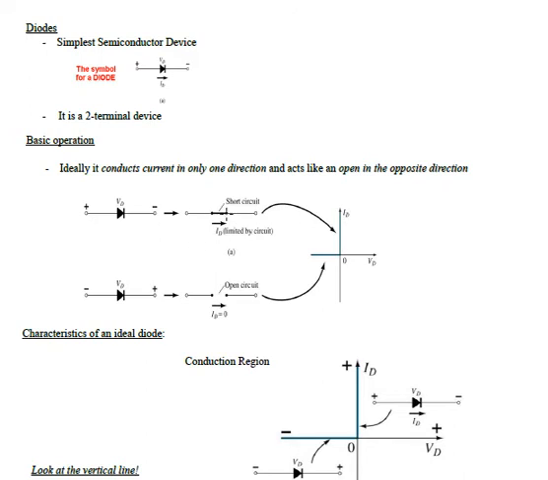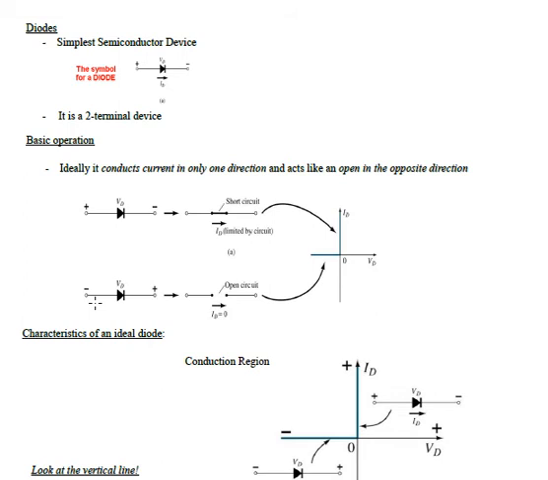Okay, so we have here, if it is in the direction of positive to negative, it is the same as a short circuit, so the current will freely go from this terminal to the other terminal, and it is a continuous condition.